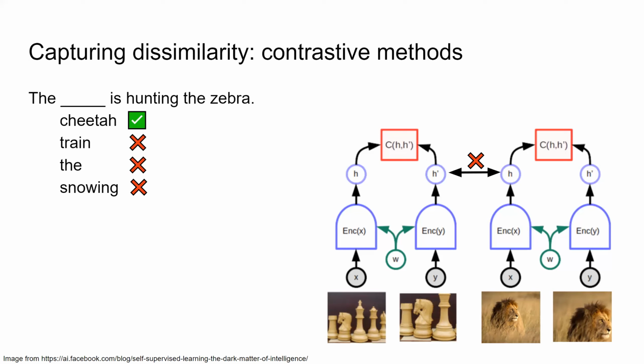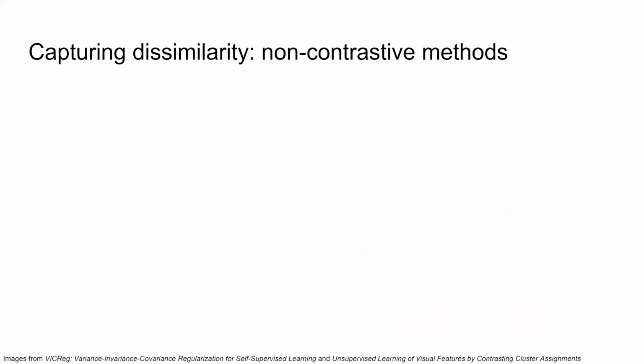And so it becomes very expensive to do and way more prone to bias in your input data, where your input data only contains certain classes of pictures and not others. And so because of these limitations of both cost and potential bias, there is a lot of research going on right now about avoiding contrastive methods and switching, for example, to non-contrastive methods.